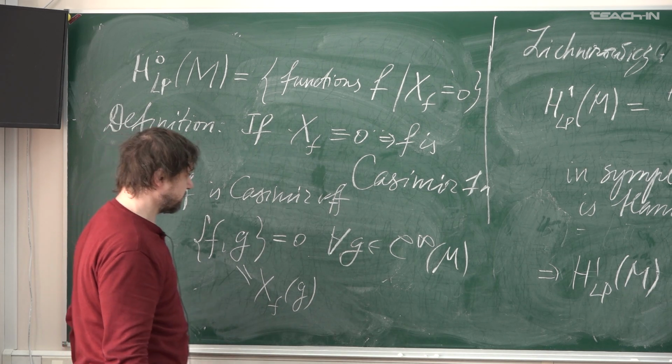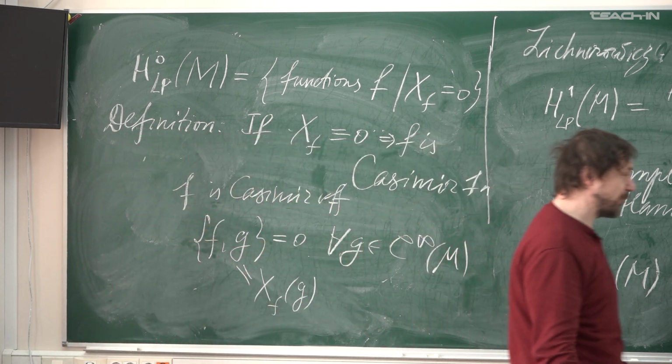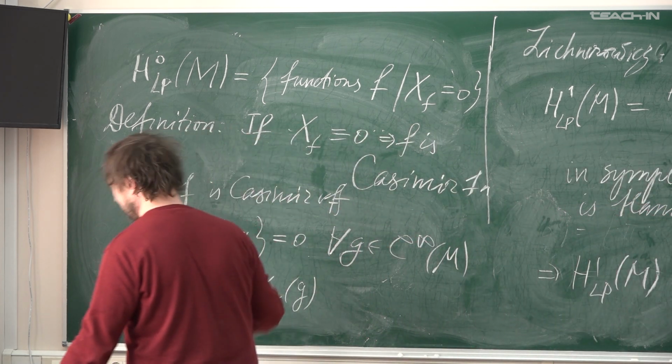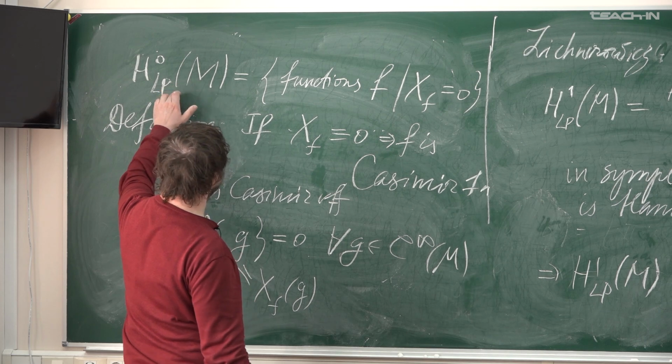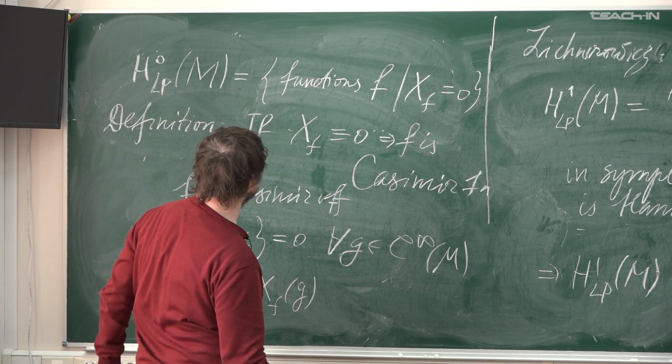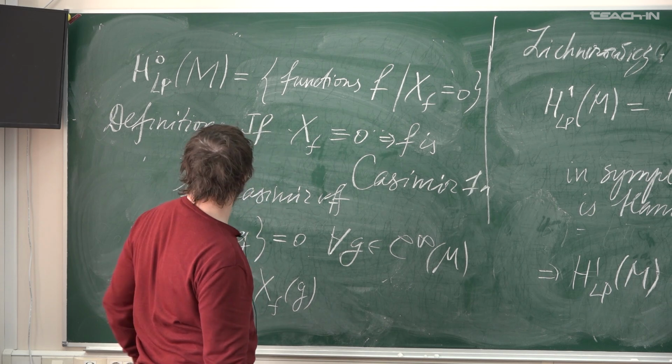When something commutes with everything, it's called central. So H0 of LP on M is just the space of all Casimir functions on M.